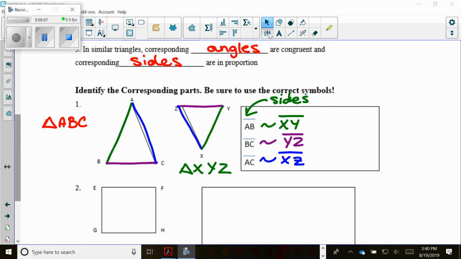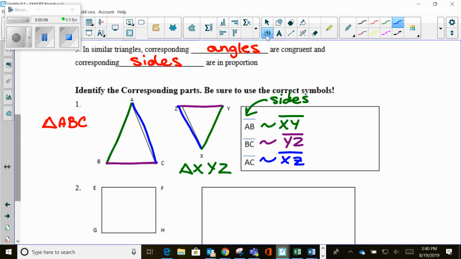The next part is to identify the corresponding angles. When we are looking at angles, we use this little half triangle or angle symbol, okay? And we are going to write angle A is congruent to angle X. The first letter of the name is congruent to the first letter of the name.